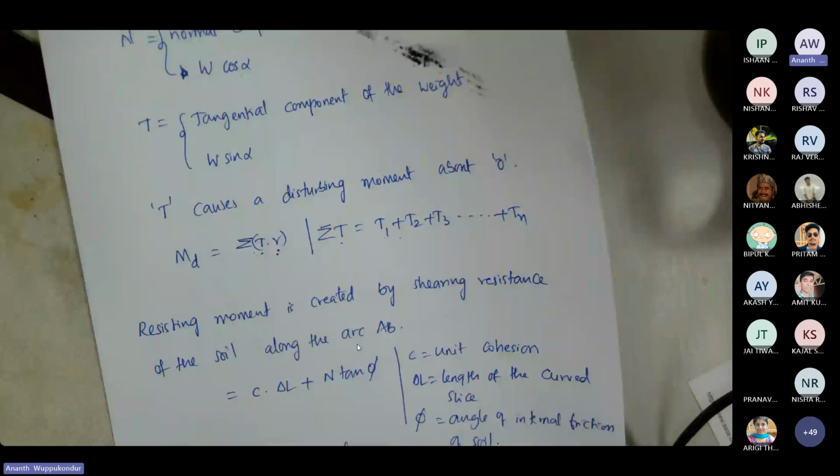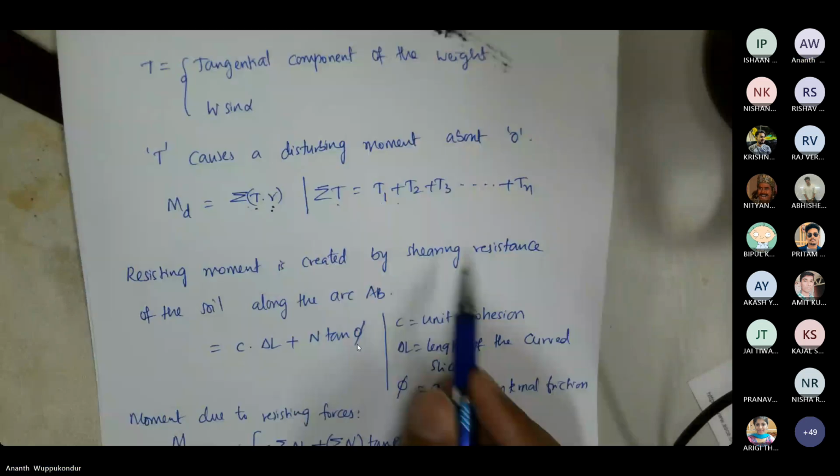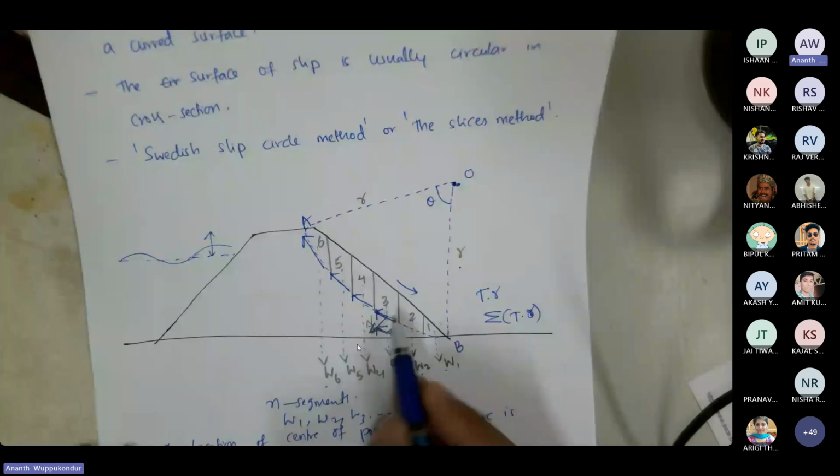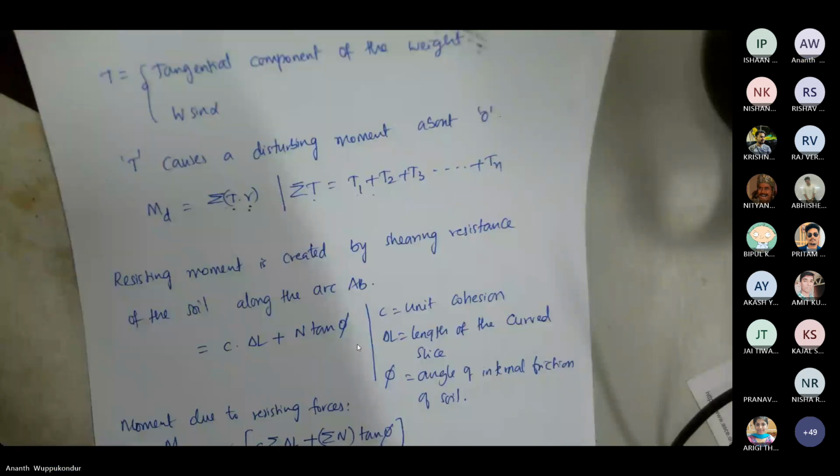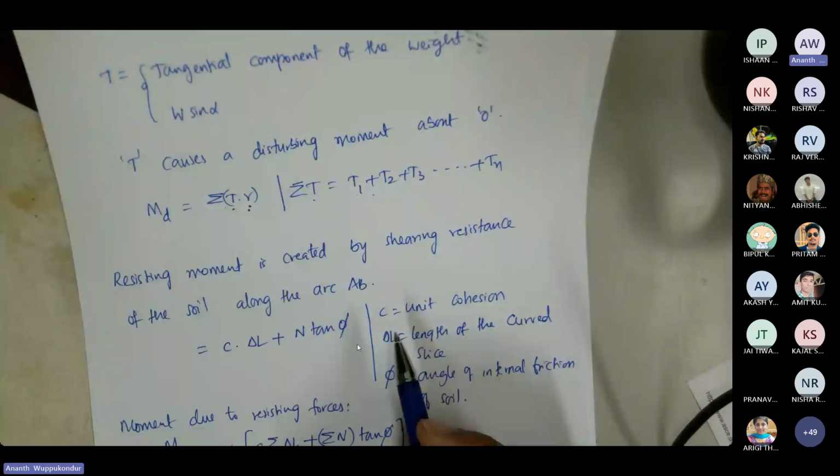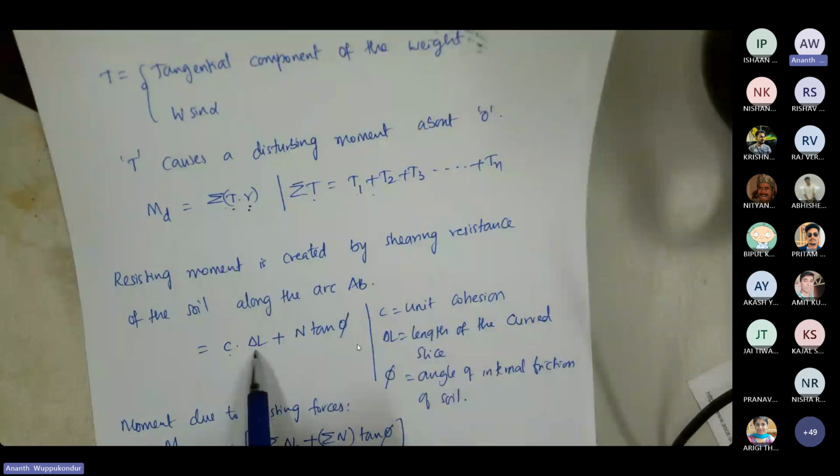And the resisting force or the resisting shear is created by, so the tangential force is disturbing and the resistance is provided by the cohesion between the soil layers, which is C multiplied by delta L, if you consider delta L is the length of each segment.